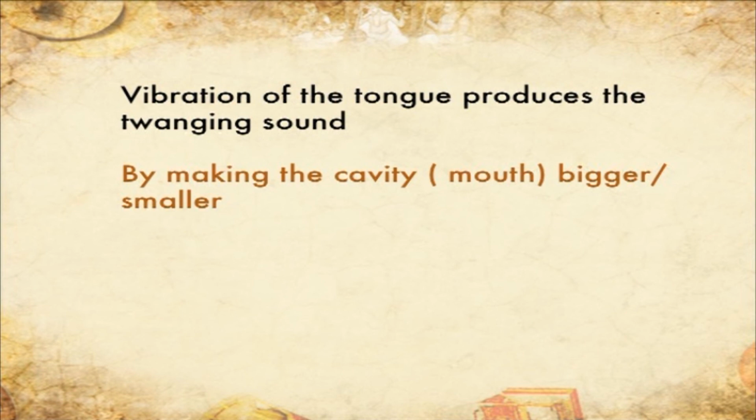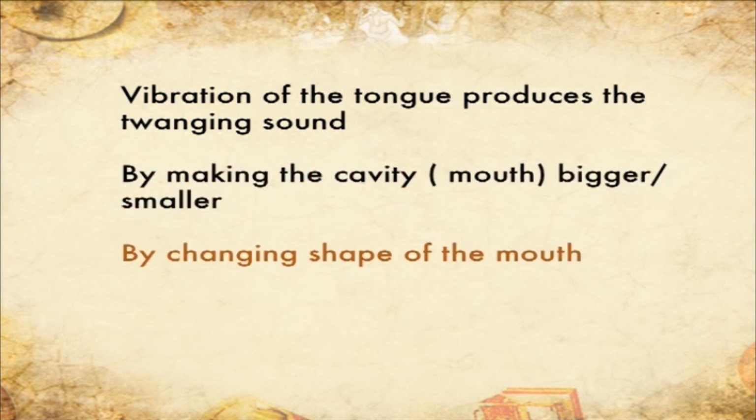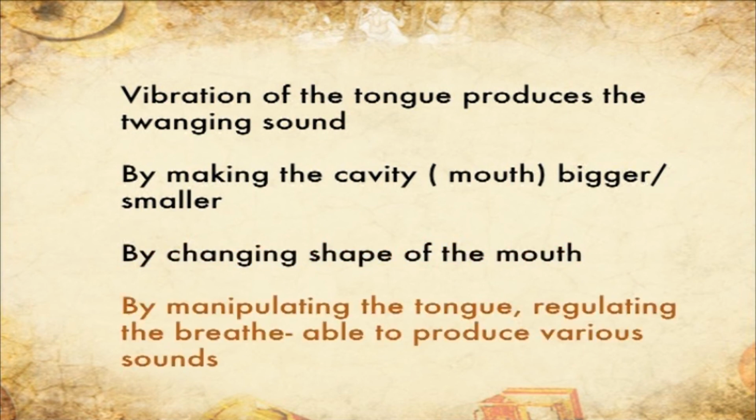By making the cavity of the mouth bigger or smaller, by changing the shape of the mouth, by carefully manipulating the tongue and regulating the breath, a player is able to produce various sounds.